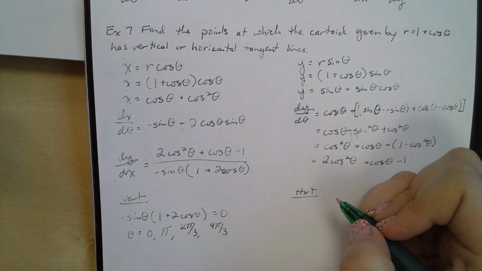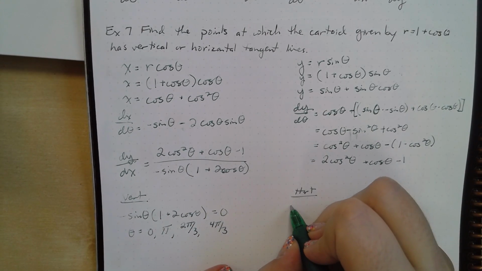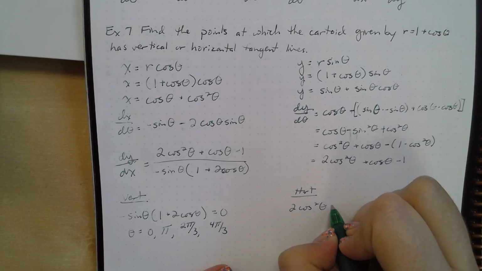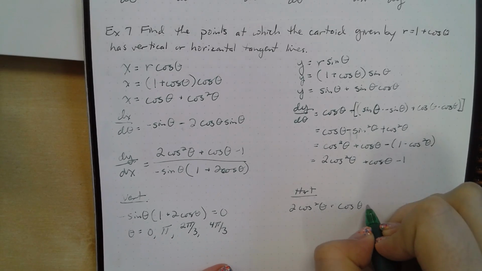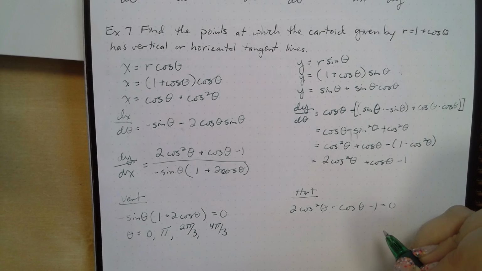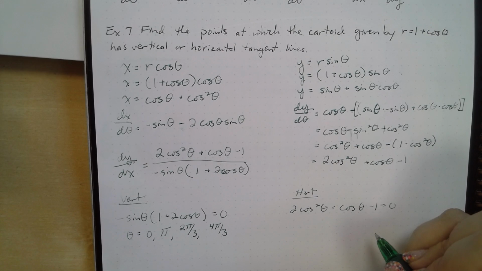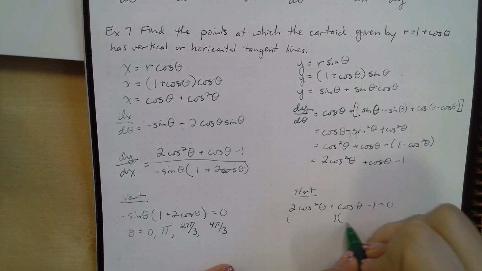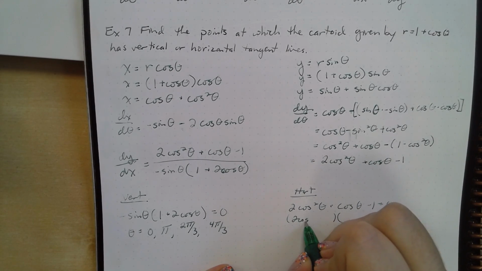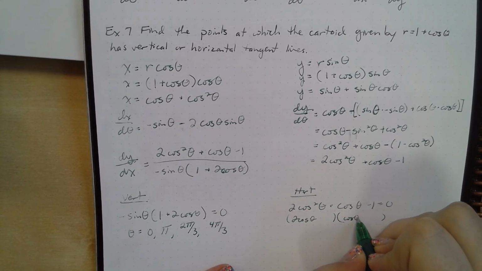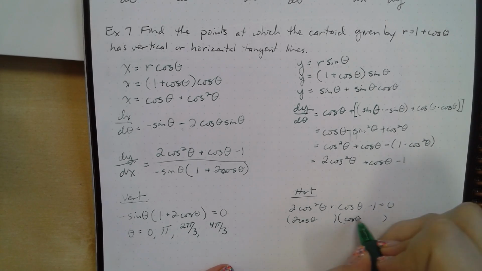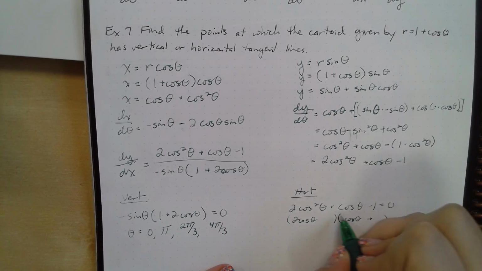Well, our horizontal tangents, I'm going to set my numerator equal to 0, so 2 cosine squared theta plus cosine theta minus 1, set that equal to 0. And if I do a little bit of work here, I can do some factoring. So I've got 2 cosine theta minus 1, plus, that's a plus, right?